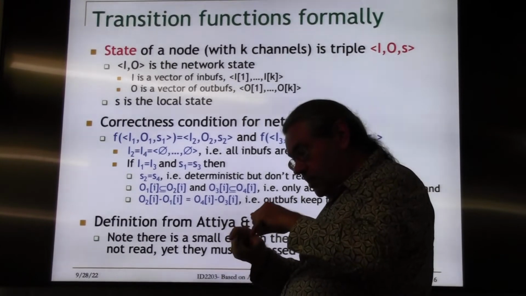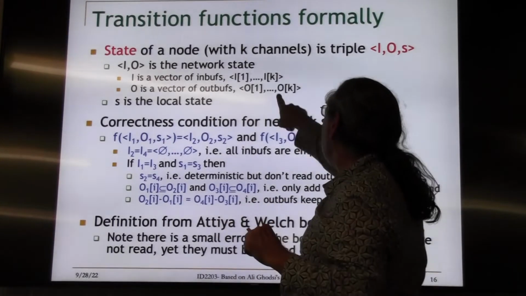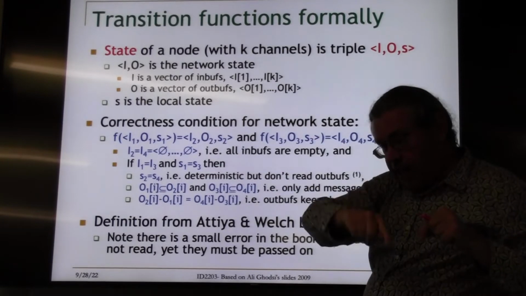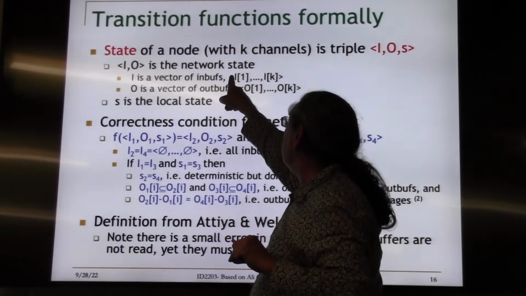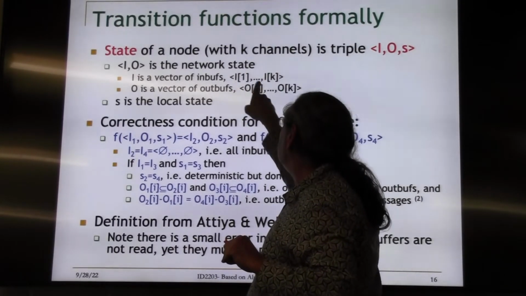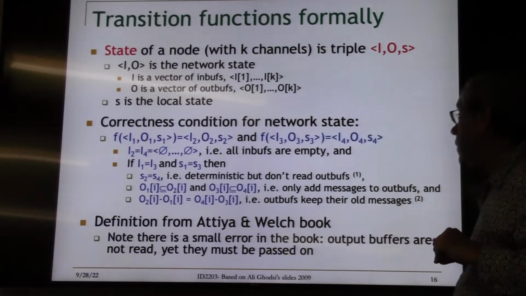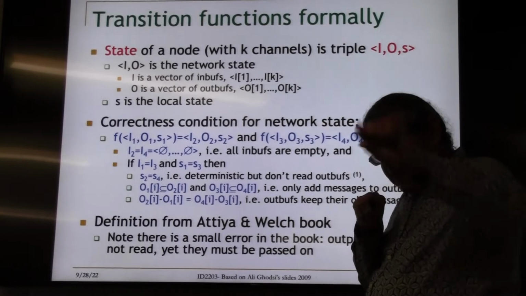And then each node has a network where it connects to a set of neighbors. So here we have K neighbors. So it's a graph. K neighbors, and for each neighbor, it has an in-buff and an out-buff. I1, O1, I2, O2. And these are sets of messages. So for each neighbor, you basically send separately.